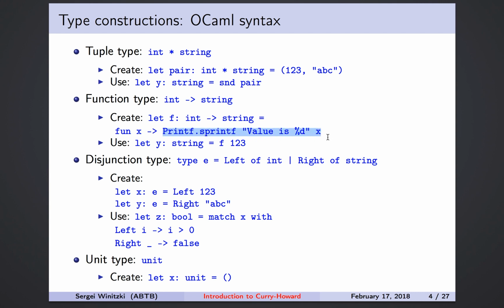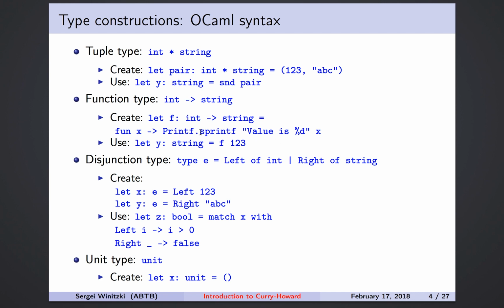Also, look at this function body. It doesn't have any parentheses. It applies this function to this argument and to this argument. In Scala, the analogous syntax would be that you have to put one set of parentheses around this, and then you also have to put parentheses separately around this.